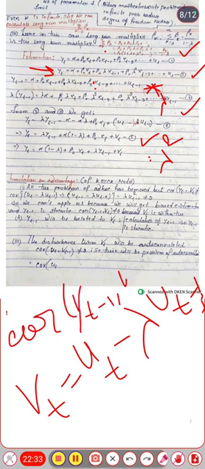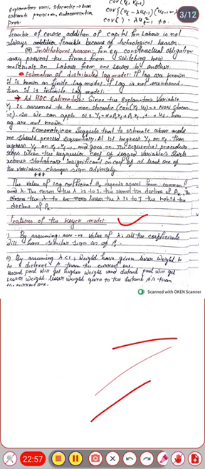Covariance of vt, meaning ut minus lambda ut minus 1, and vt minus 1, which is ut minus 1 minus lambda ut minus 2.